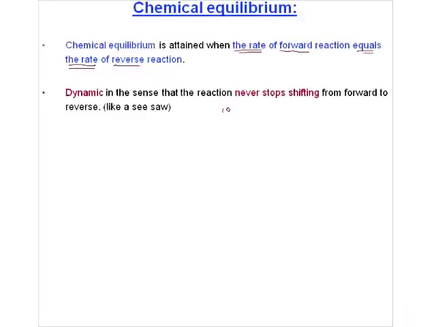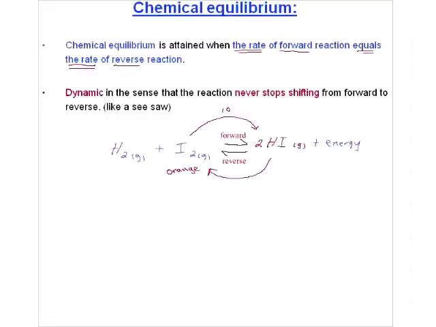Here's a typical chemical reaction that we can look at. We can have hydrogen reacting with iodine, producing 2 hydrogen iodide, and energy is going to be released in the process.